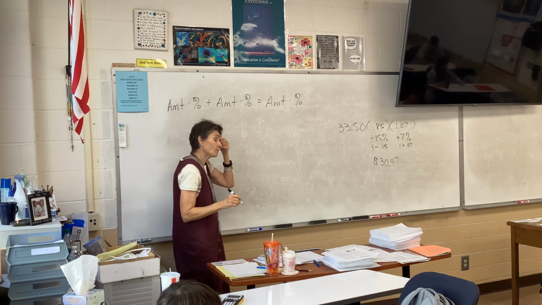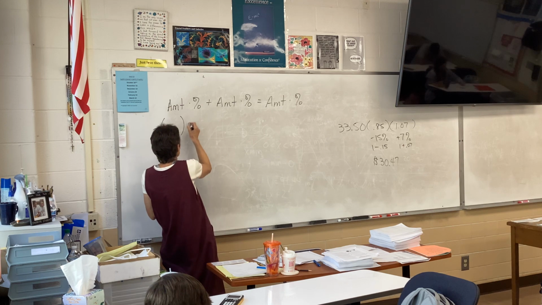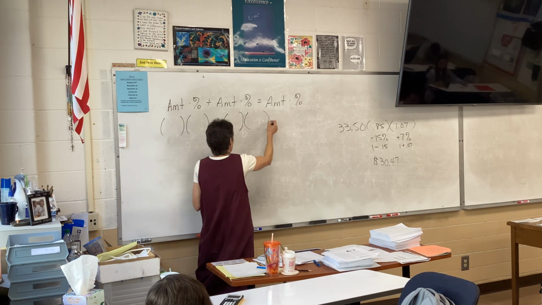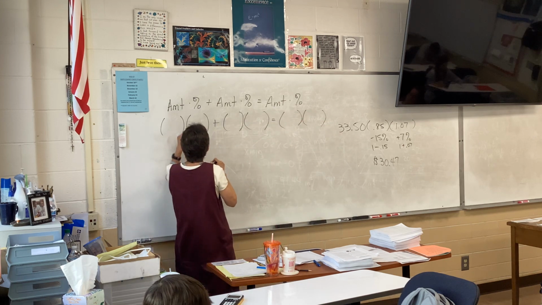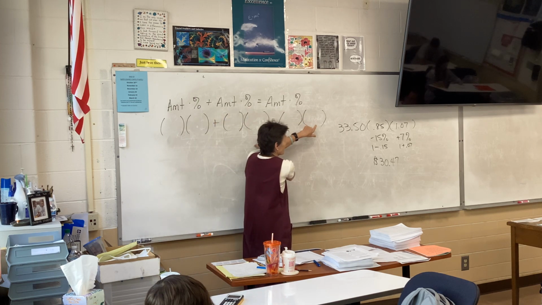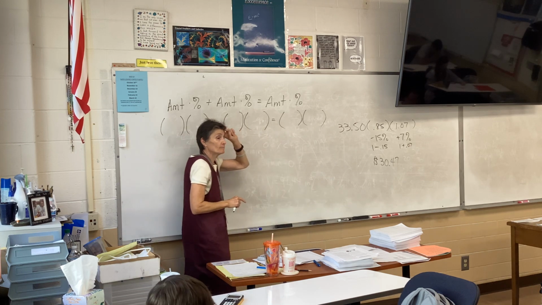And I would go ahead and write that down. It only takes a minute. And then you can see that there are 6 different numbers that need to go into the problem. There are 3 percents and 3 amounts that need to go into the problem.